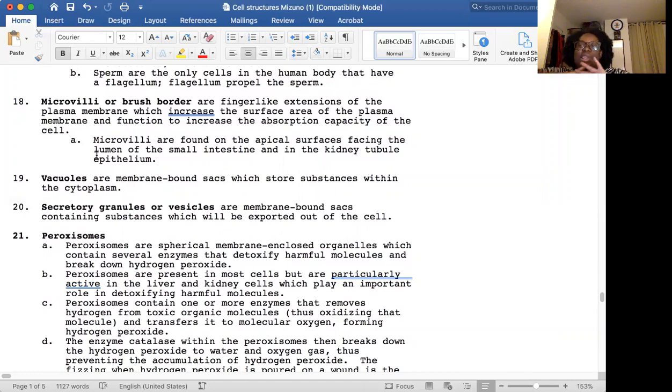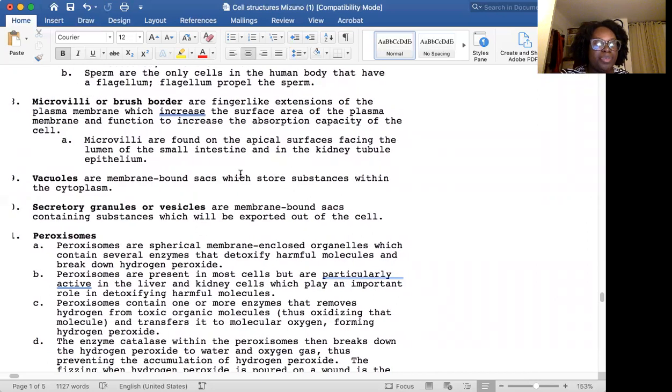Think about the surface area that house covers. I can make that association with microvilli: they increase the absorption capacity of the cells. Think about these huge villi buildings covering the surface area of the cell, just to jog my memory.